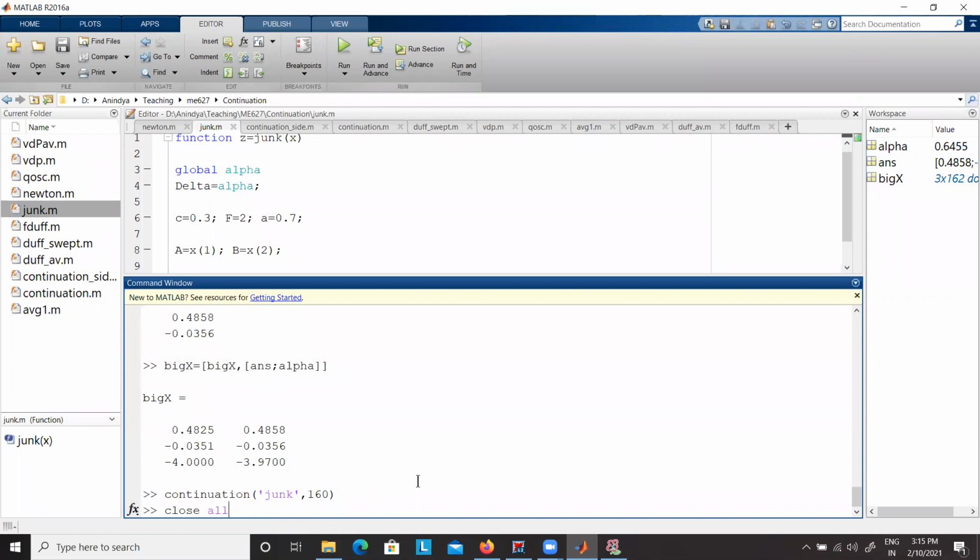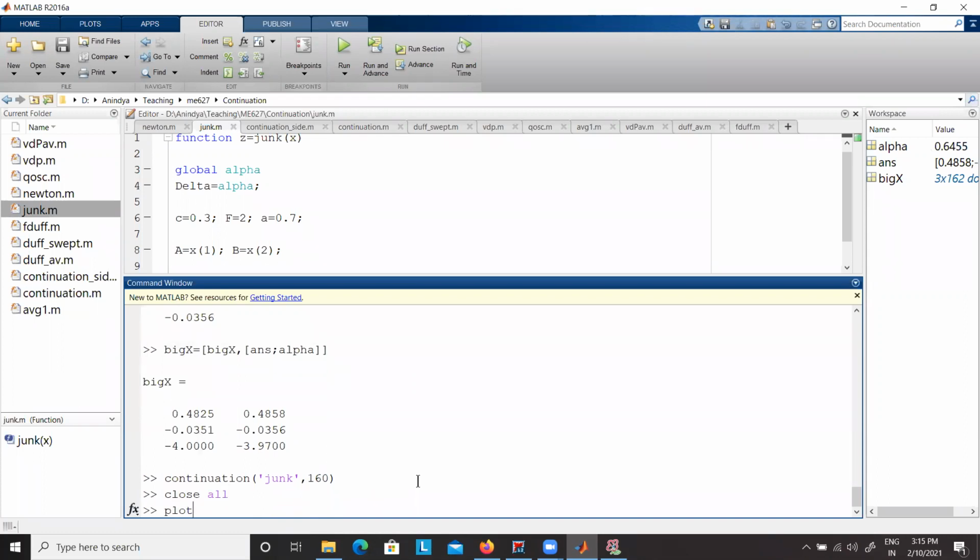Then I'll say plot big X3, which is delta, and square root of the sum of big X1 to 2 squared.